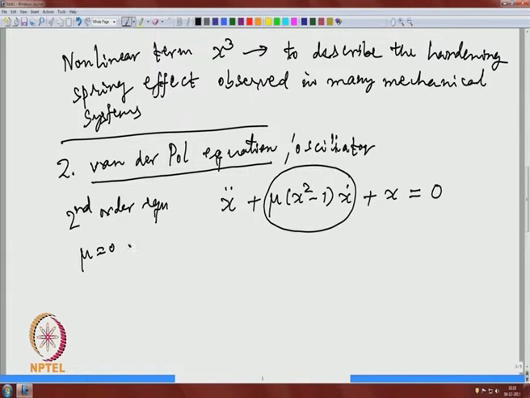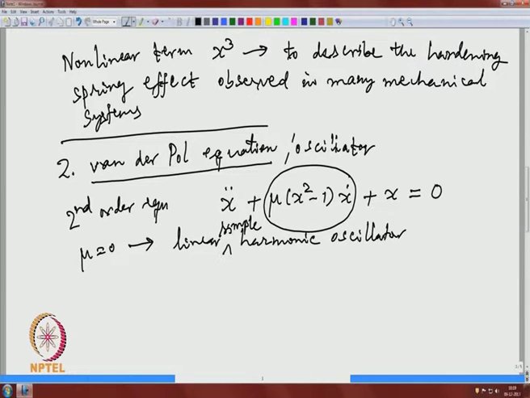So, when mu is equal to 0, this leads to linear harmonic oscillator, simple harmonic oscillator. So, this nonlinear term is added to that, and see whether you still get periodic solutions.